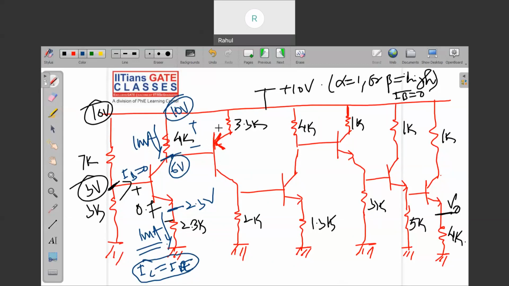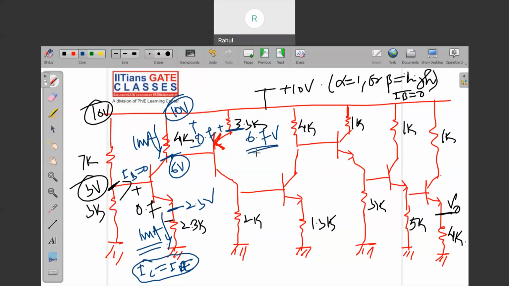Now, minus to plus, you have to go up 0.7 from the 6 volt. So the potential at this point will be 6.7 volt, because you are moving up from minus to plus.